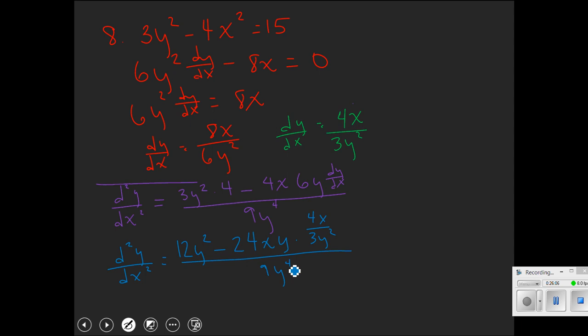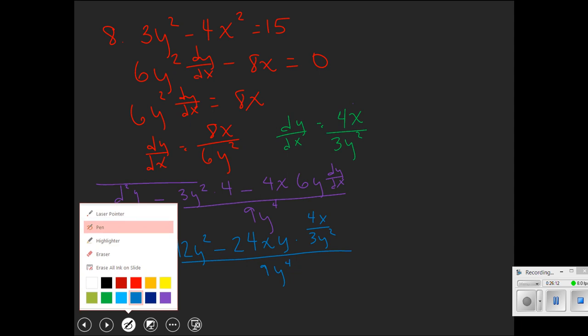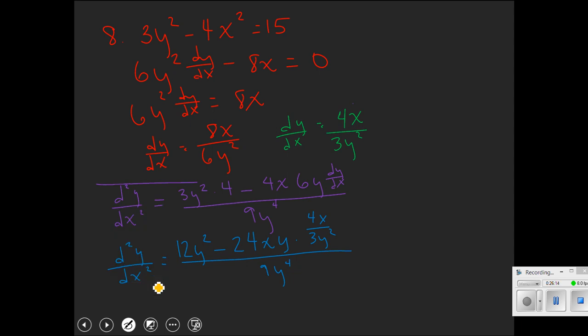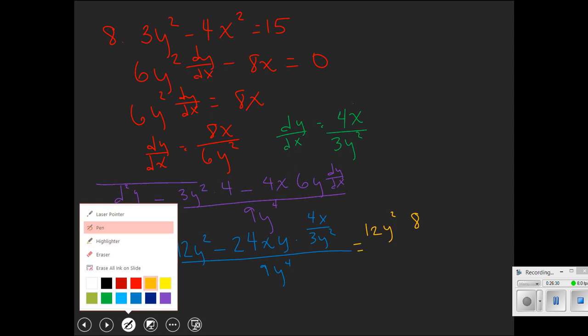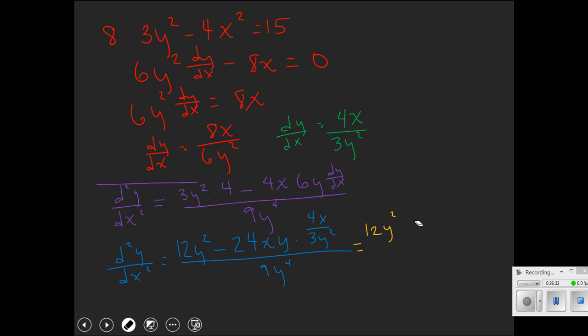like it was before. So we can simplify this just a teeny tiny bit more, even though I'm totally running out of space here. So let's say equals 12y squared. Okay, the 24 and the 3 are going to cancel, so that's 8, but then times the 4, so let me actually write 32, so I don't have to take up another line.